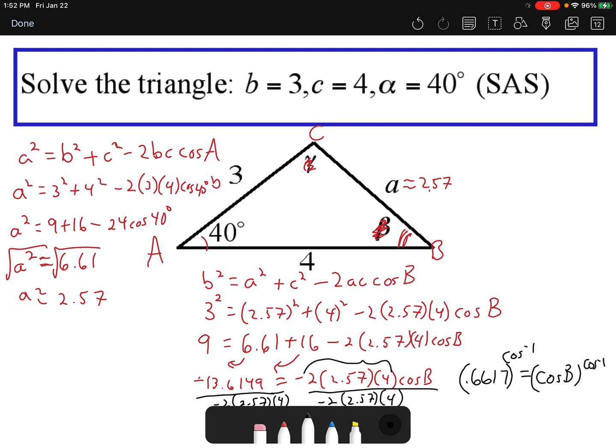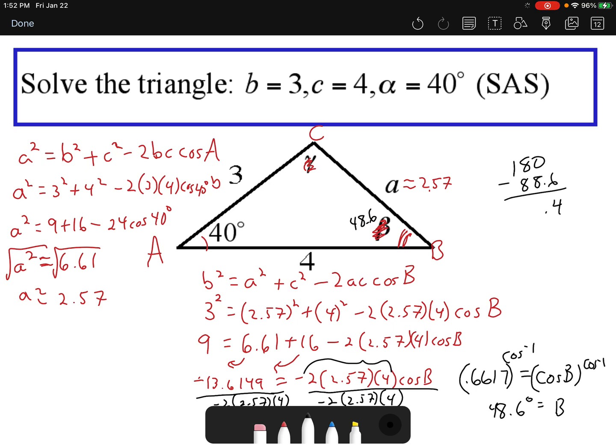So now you just take the inverse cosine of that, and you get about 48.6 degrees. That's angle B. Well, 48.6 plus 40 is 88.6.